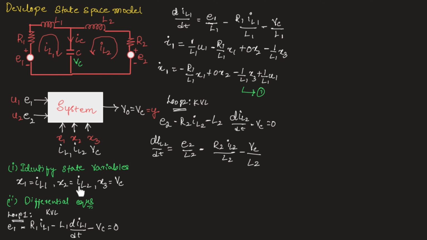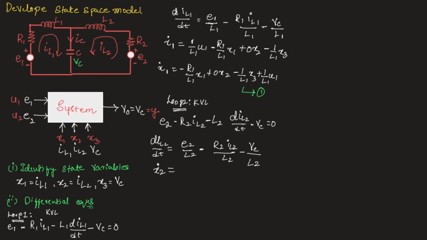If x2 is equal to IL2, then dIL2 by dt is differentiation of IL2. Therefore, we can write differentiation of x2 as x2 dot. So in place of dIL2 by dt we write x2 dot, that will be equal to, in place of E2 we can write U2, in place of IL2 we can write x2, and in place of Vc we can write x3.